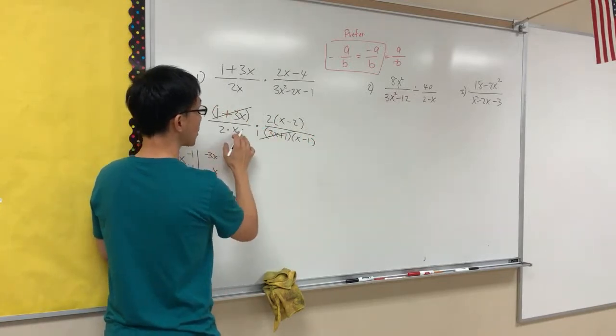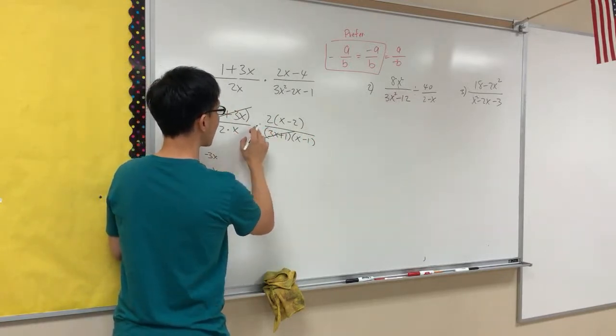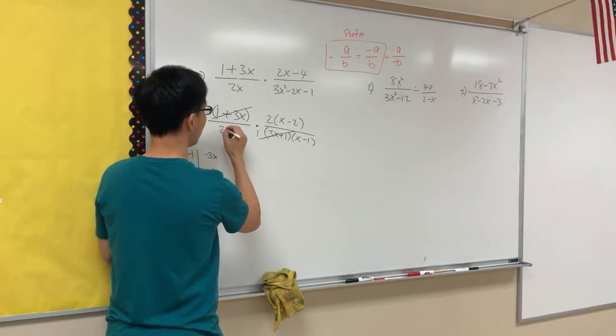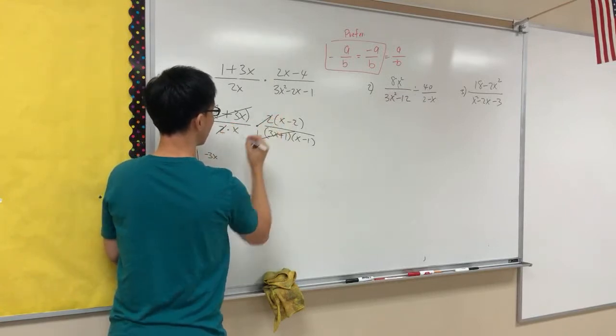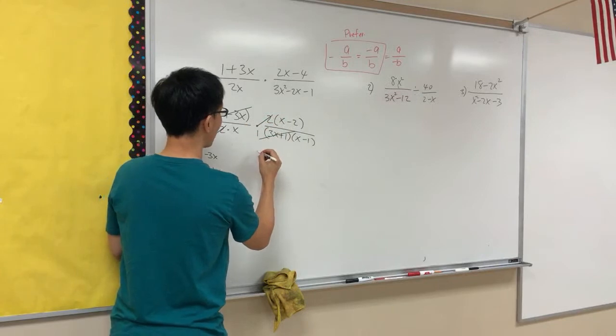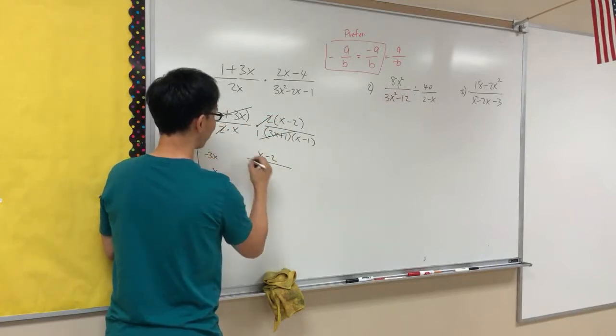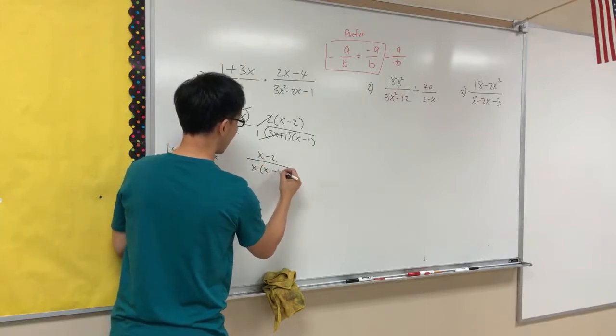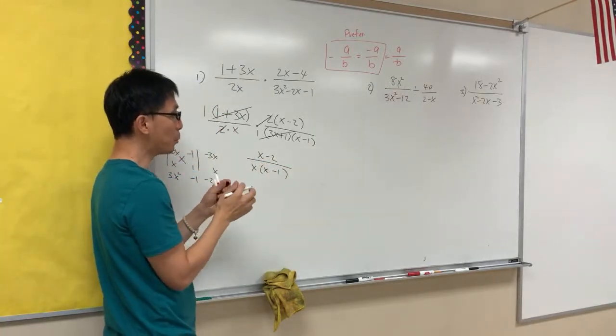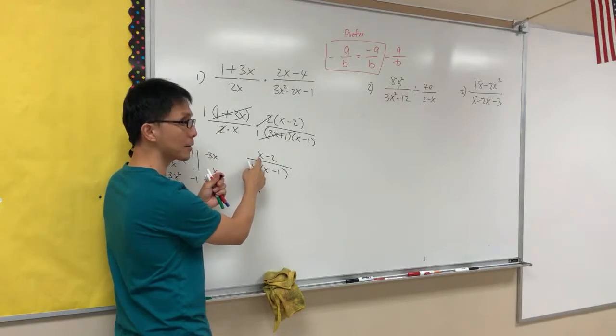Okay, so what else? We can look at this. We can say, well, 2 can cancel as well. Right? So then I'm gonna have on top x minus 2 over what? x times x minus 1. Now, a lot of people were tempted to cancel those x.